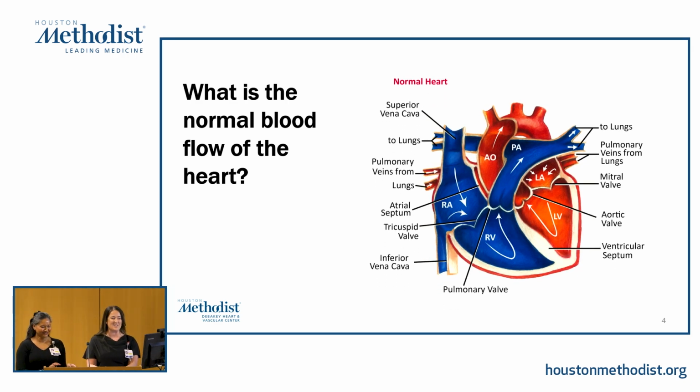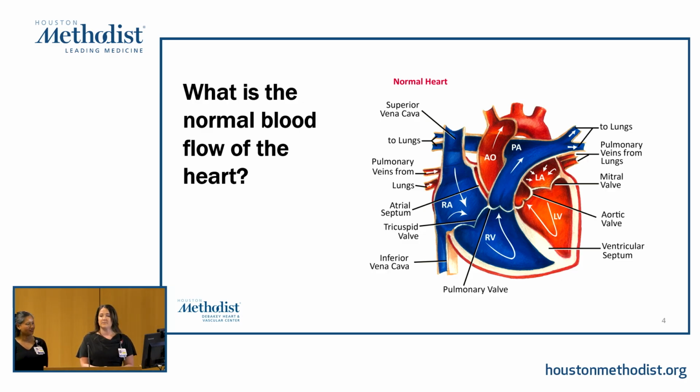So again, just as a refresh, we're coming in through the superior vena cava, into the right atrium, through the tricuspid valve, into the right ventricle, through the pulmonic valve, into the PA. You get oxygenated in your lungs there, comes back into your left atrium, into your left ventricle, through your aortic valve and out the aorta.